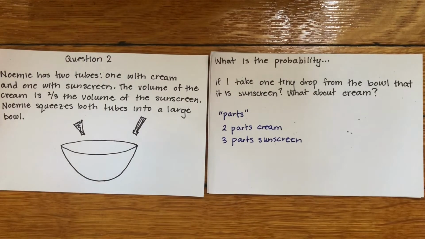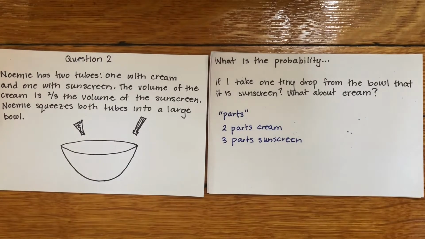For instance, we could think about this in terms of ounces: 2 ounces of cream and 3 ounces of sunscreen would still work with our 2/3 rule. We could also think in terms of liters, or even 20 milliliters and 30 milliliters.